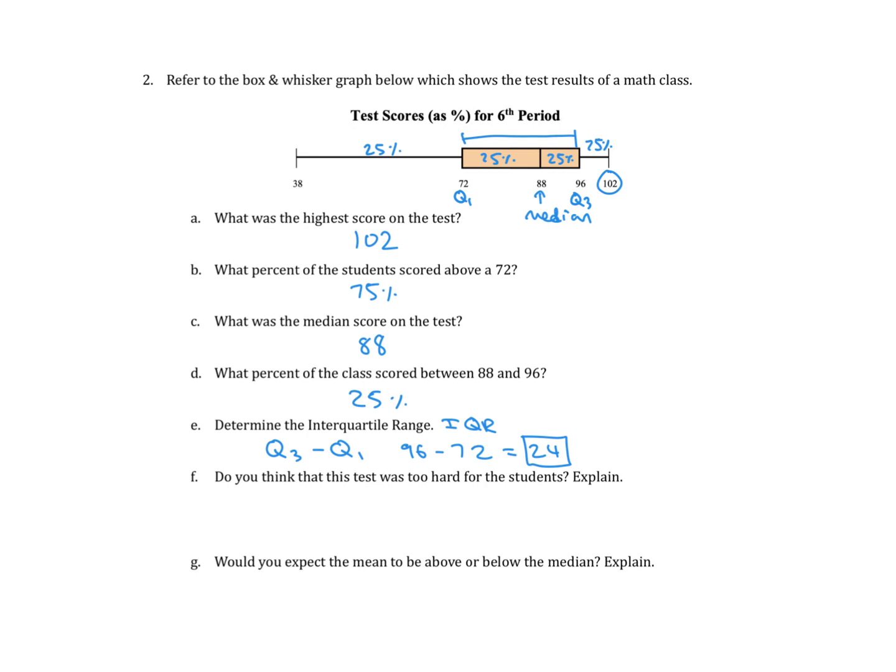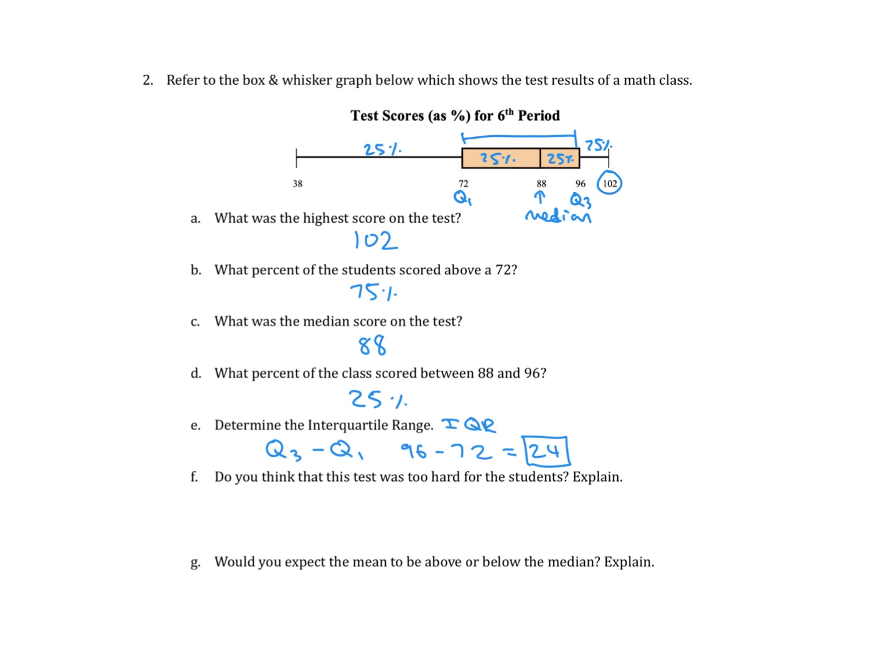So we have a lot of scores. 50% of the class scored above an 88. 75% of the class scored above a 72. So most of the class, 3/4 of the class, got like a C or higher. And then with that bottom whisker, we don't know exactly what the scores were.